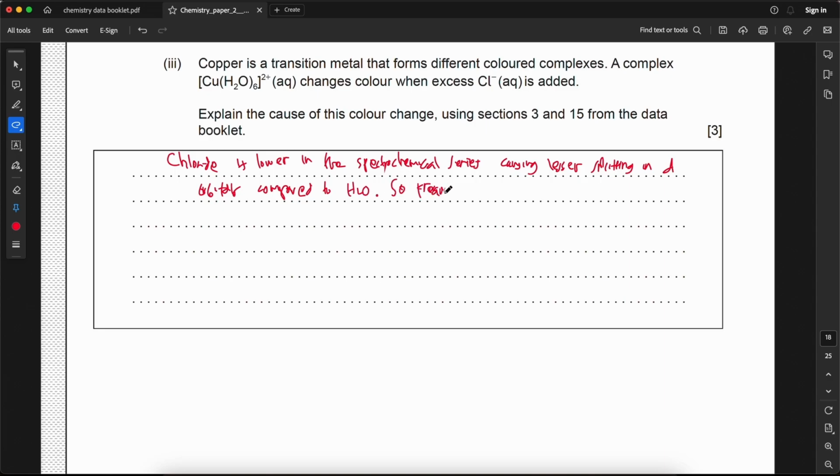So the frequency or energy of light that is absorbed decreases.